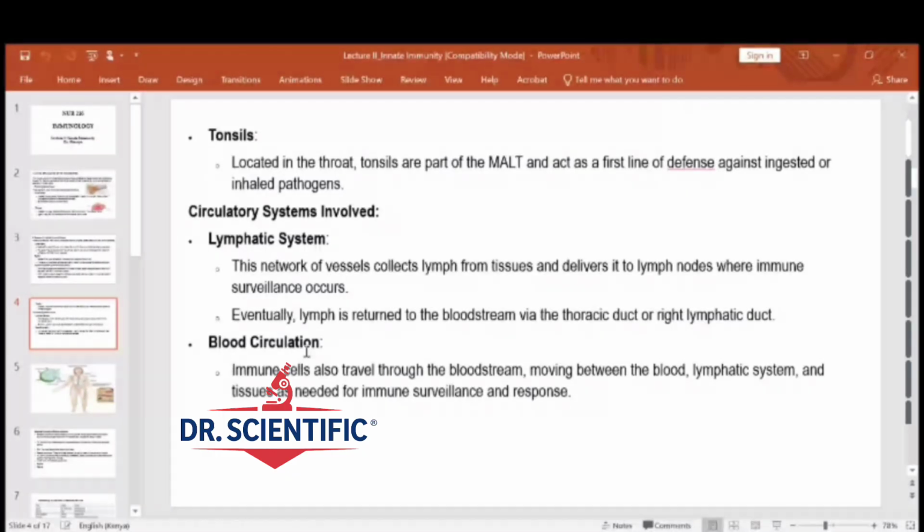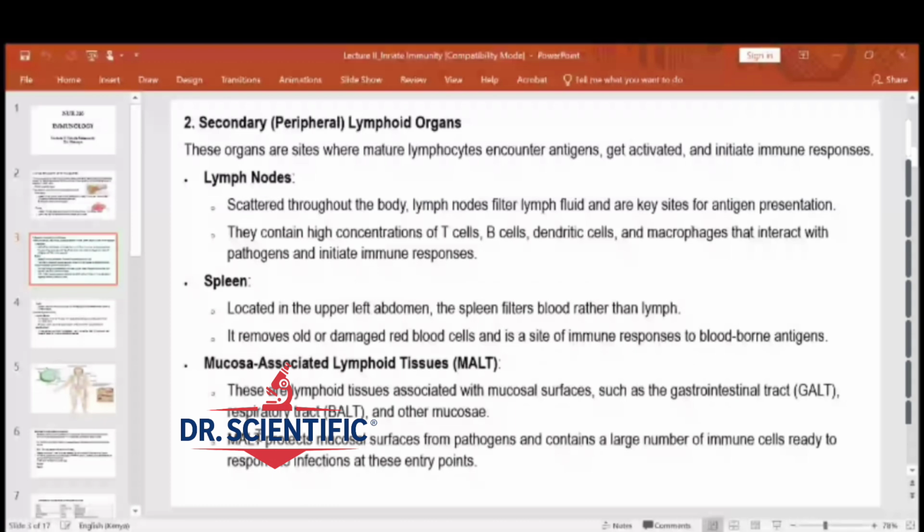So the circulatory system, the blood and lymphatics, are the main systems involved here. But as you see, we have other systems, the GIT, the respiratory, the exoskeleton, quite a number of systems, but the key ones are here.